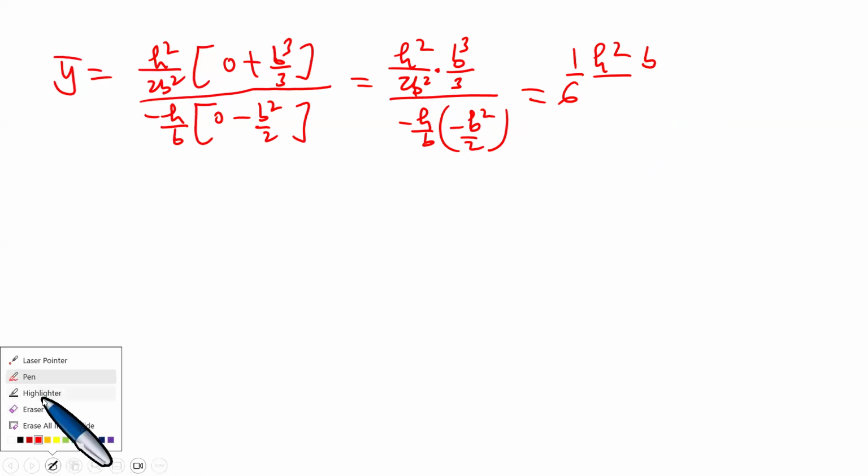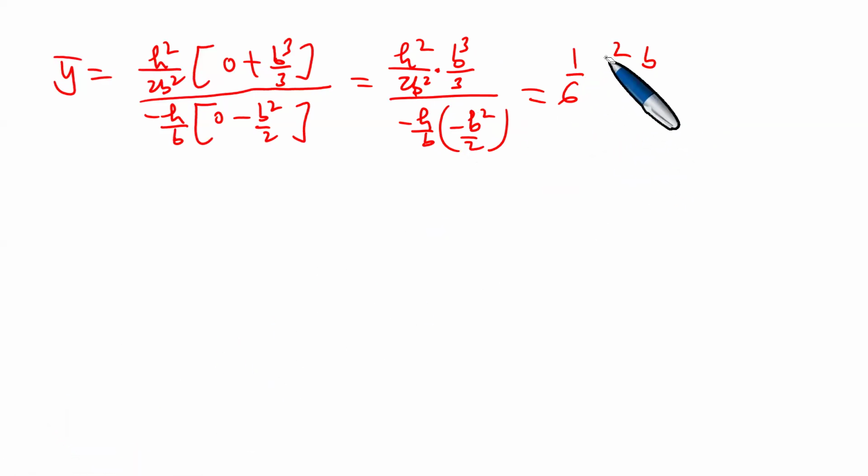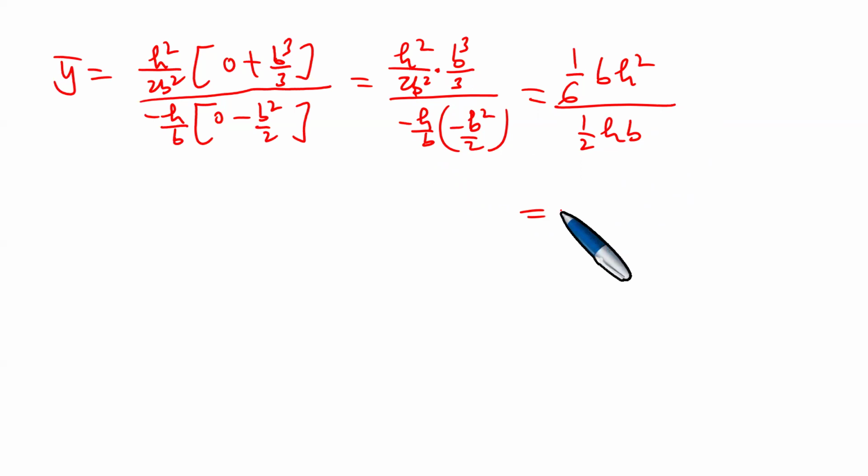Okay, let us write properly. So in effect, what we're getting is the following. The b squared cancels out, giving us just b, and we then have the h squared. You divide everything by, this minus minus gives us a plus, and then you have 1/2, and then the h, and then just b.